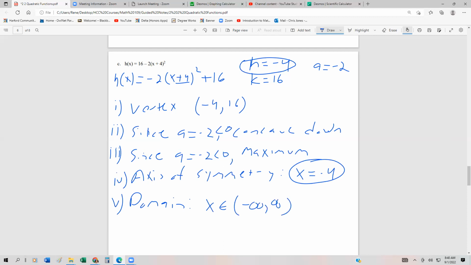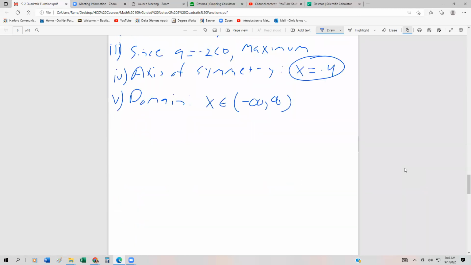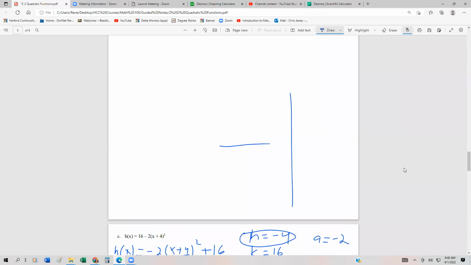For the range, let's think about this: we have a concave down parabola and we have a maximum. Okay, so if I were to graph this, let me just go up here and graph it really quickly just so you can see it. We have the point -4, and then 16 is somewhere way up here. And we said that it's a maximum and it's concave down.